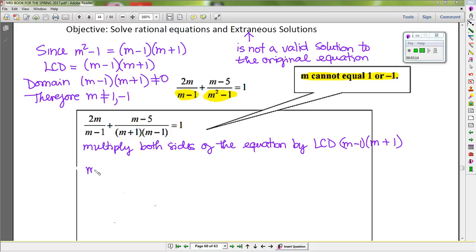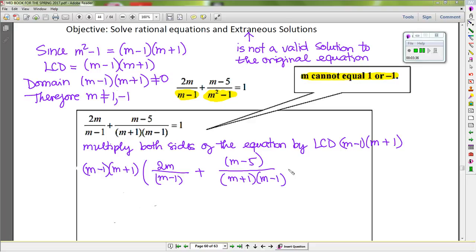So m minus 1 times m plus 1 times the fraction 2m over m minus 1 plus m minus 5 over m plus 1 times m minus 1, equals 1 times m minus 1 times m plus 1.